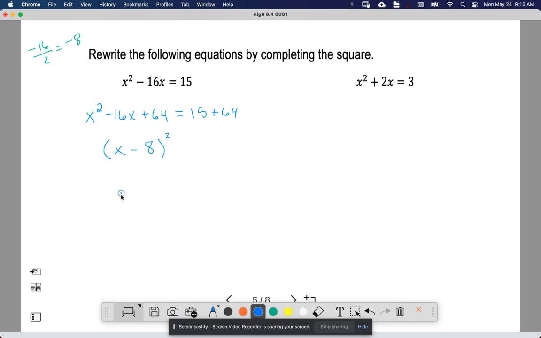And then obviously the x first. And that all equals, and then we'll just go ahead and add these together. So we get 15 plus 64, which is going to be 79.